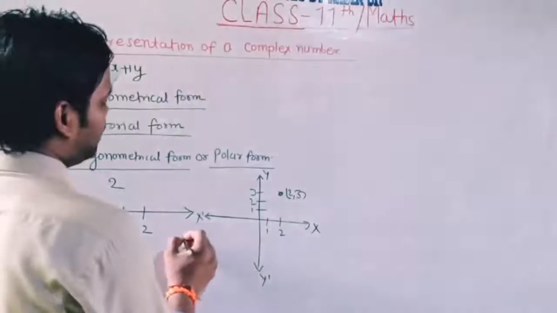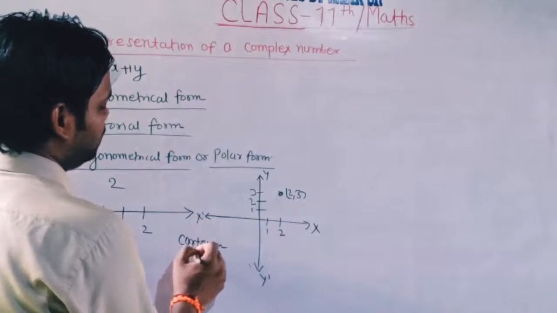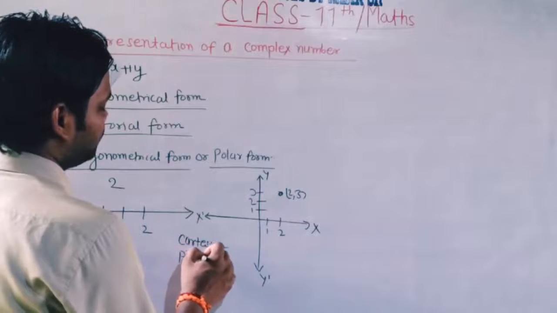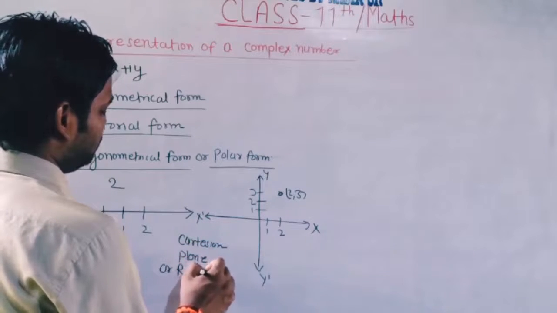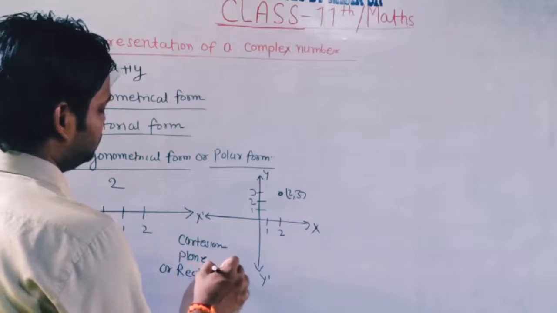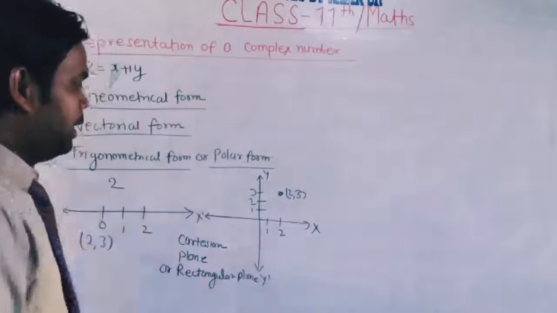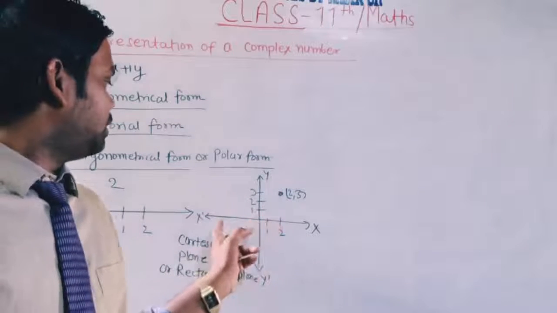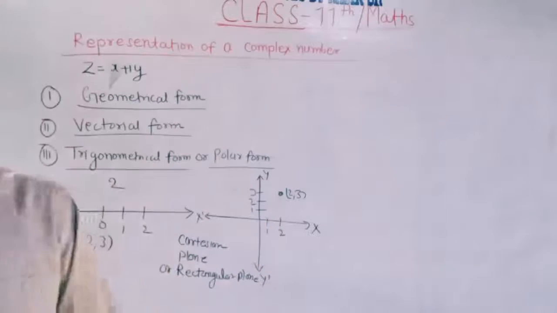This is also called the rectangular plane. In the rectangular plane, the horizontal line is called the x-axis and the vertical line is the y-axis.